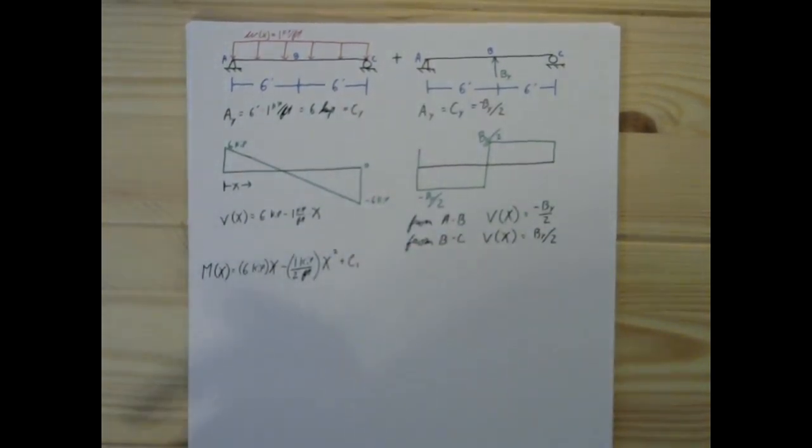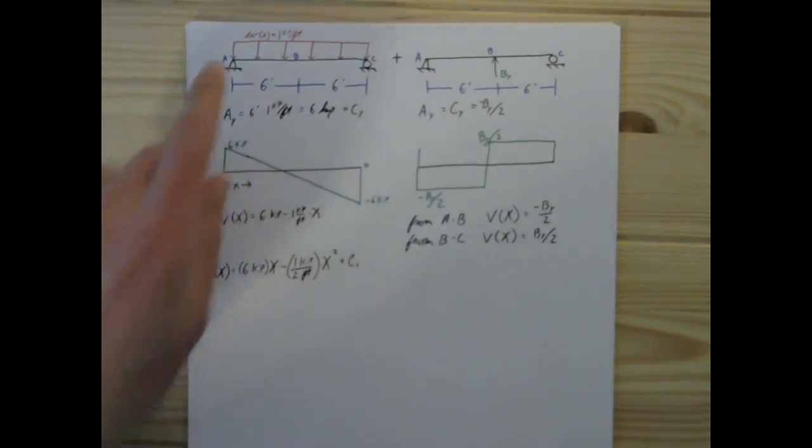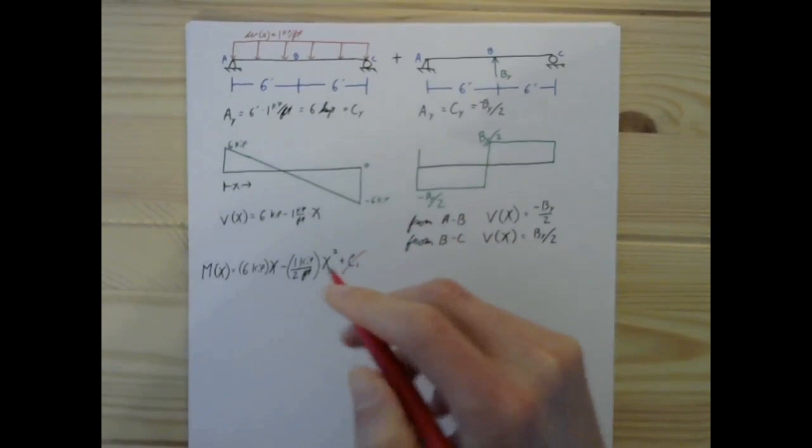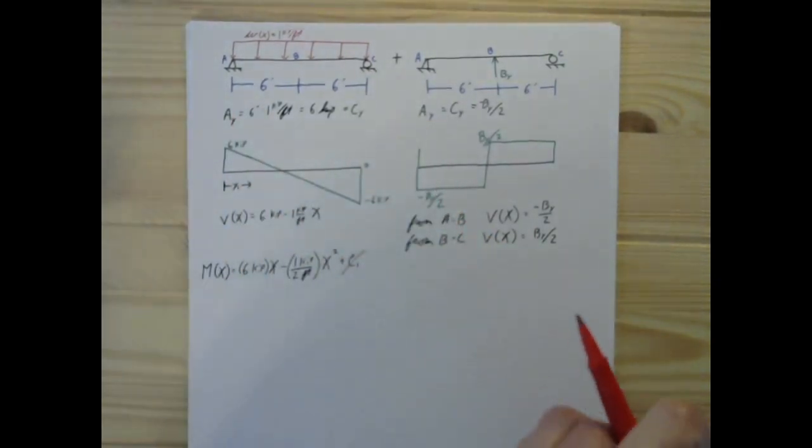But that's a pin. We know what that is. That's 0. Must have a 0 moment at A, and if that is the case, then we better not have any constant right there.